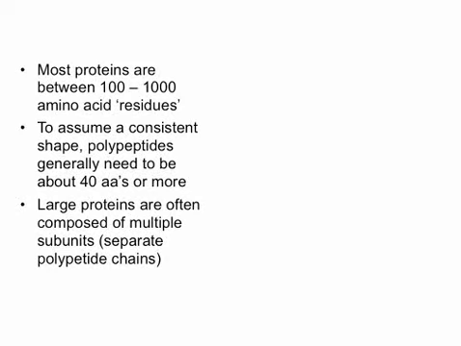What often happens if the cell needs a very, very large protein to carry out very complicated functions or something like that, these large proteins are often composed of multiple amino acid chains. Okay? So you may have 10, 200 amino acid linked chains binding together, associating with each other to make one huge protein. And that is typically the way that cells make very, very large proteins, by making smaller chains that associate with each other. There's actually a pretty practical reason for this.